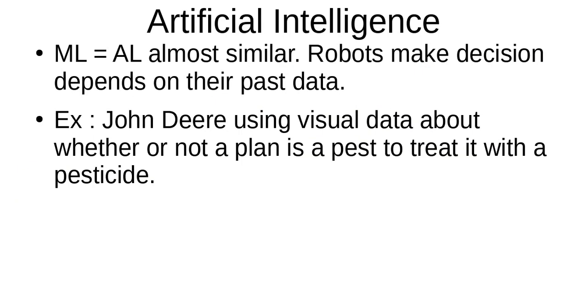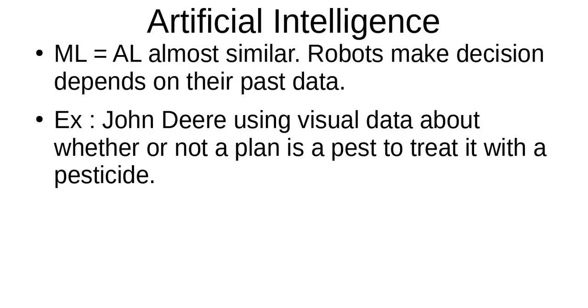So what is artificial intelligence? Artificial intelligence is almost similar to machine learning; it's an application of machine learning, an applied science of machine learning, you can consider it like this. So robots make decisions depending on their past data.